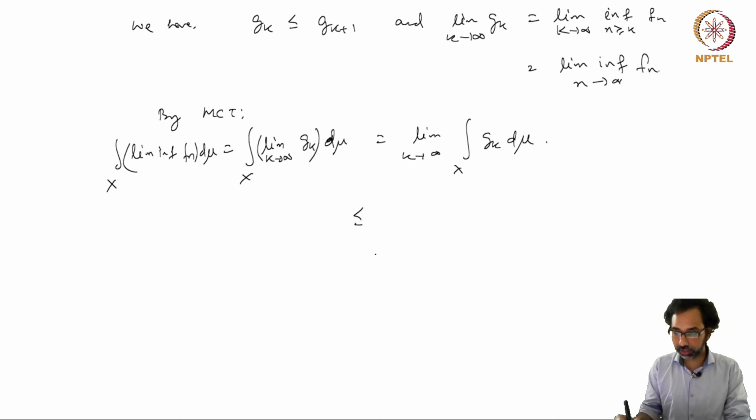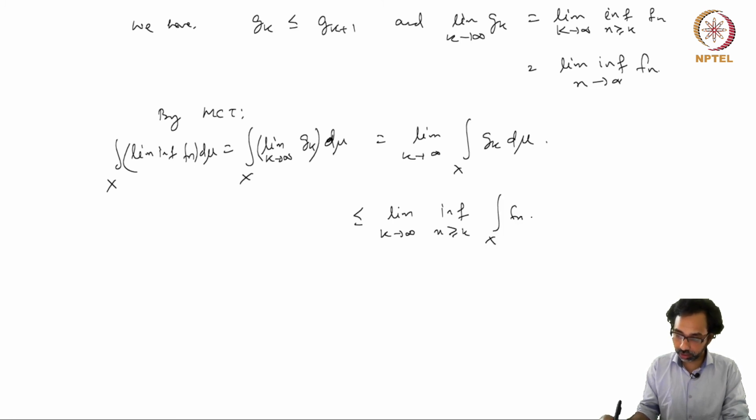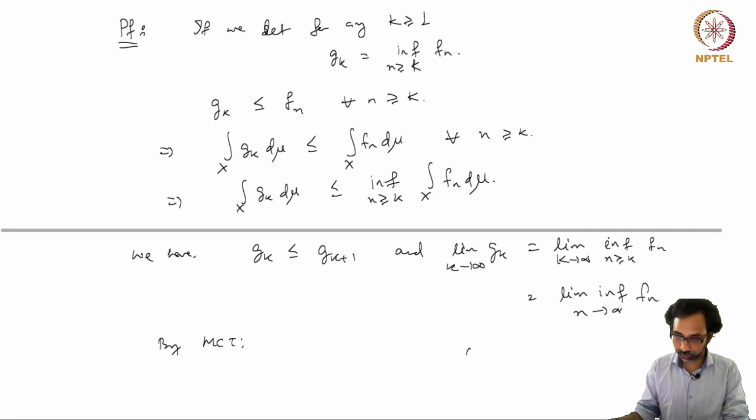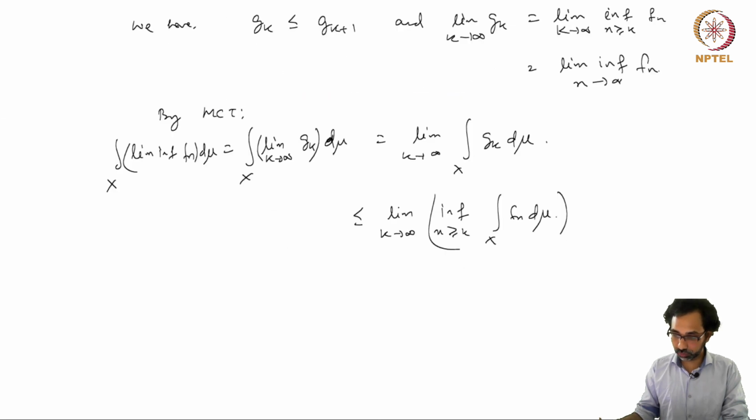On the right hand side we have the limit as k tends to infinity of the integral of gk d mu, but this is less than or equal to the limit as k tends to infinity of the infimum of n greater than or equal to k of the integral of fn d mu. This is what we have proved right here. So we have used this inequality by monotonicity.